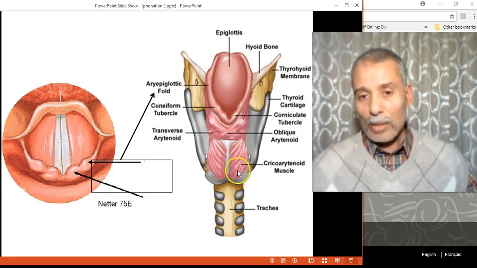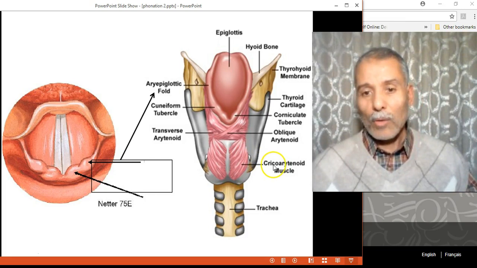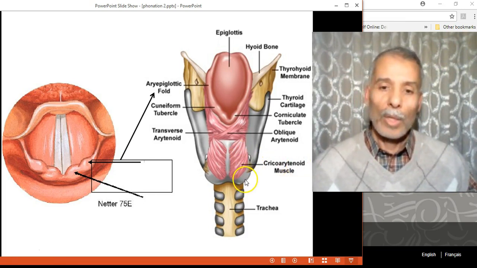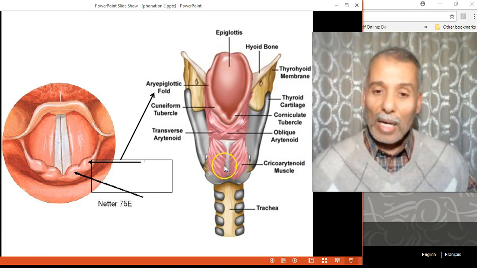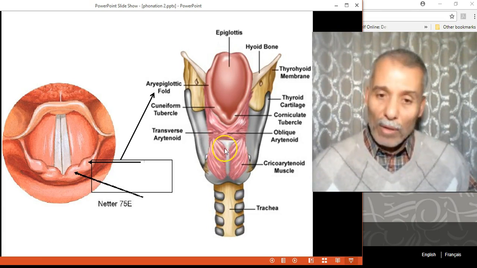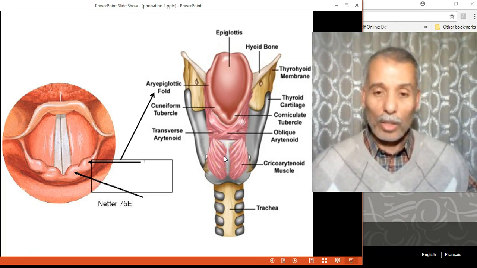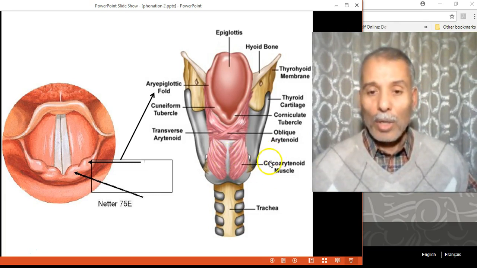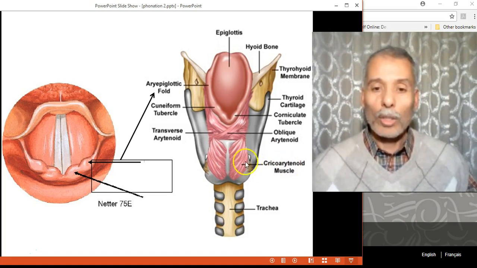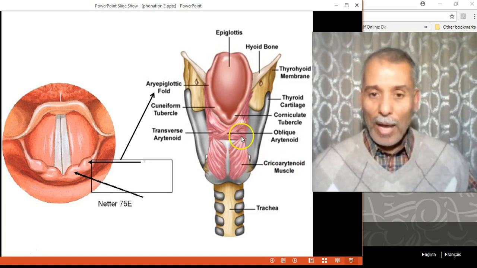On the right side you can see one side of the cricoarytenoid muscle, and on the other side you can see the other. Because this is on the back of the cricoid cartilage, we call it the posterior cricoarytenoid: posterior, crico, and then arytenoid.